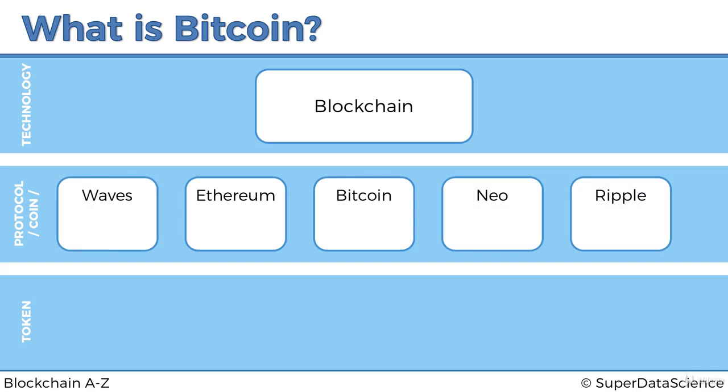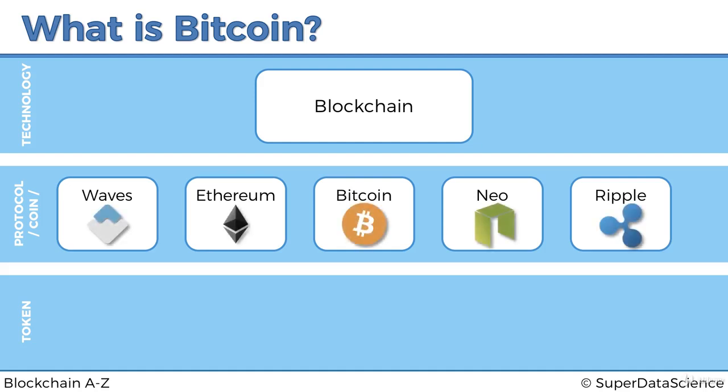Litecoin is a protocol, Bitcoin Cash is a protocol, Zcash is a protocol, Monero is a protocol. There's lots of different protocols in the world of cryptocurrencies, which all rely on the same technology, and the technology is blockchain.